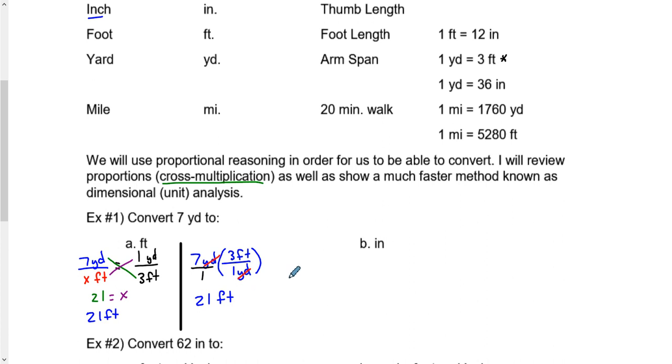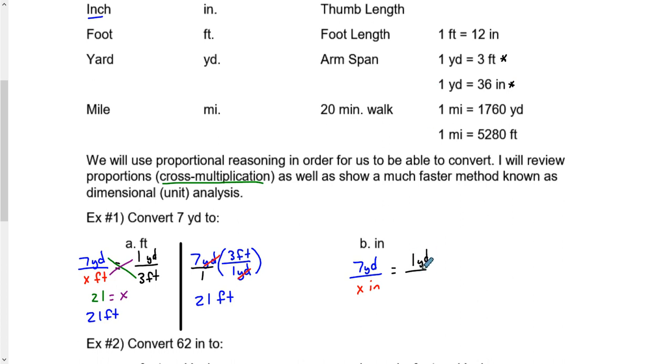So both methods are fine. I'll show proportions one more time. 7 yards, we're going to convert to inches. So 7 yards is a certain amount of inches. We're going to use a conversion that has yards and inches. Well, the one that has yards and inches is that 1 yard.